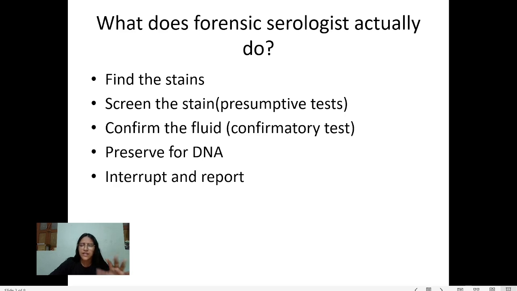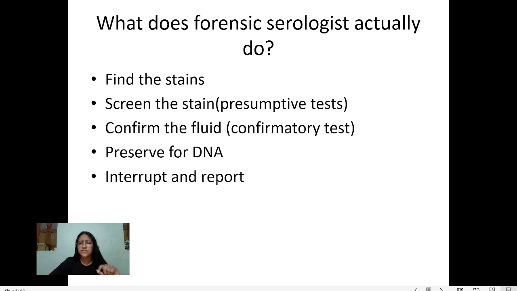They can also use chemicals that glow or change color in the presence of body fluid. For example, luminol produces a fluorescence effect in the presence of blood, right? So these kinds of chemicals can also be used to detect a body fluid. So finding the stains is the first and foremost thing in forensic serology.